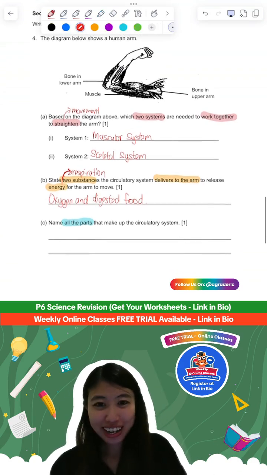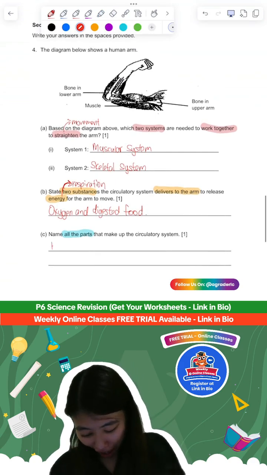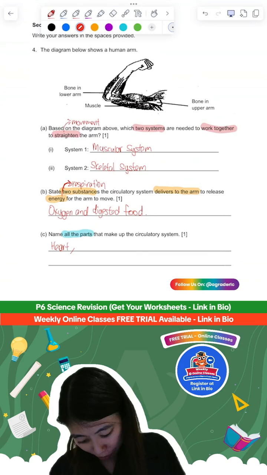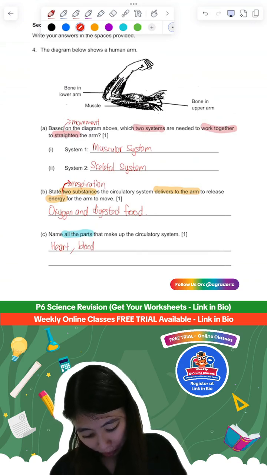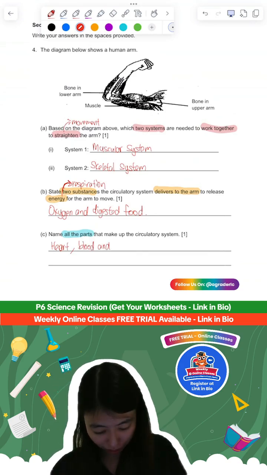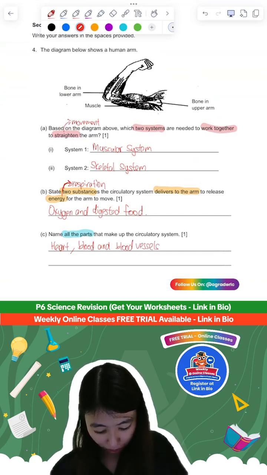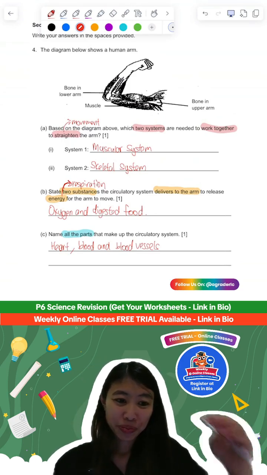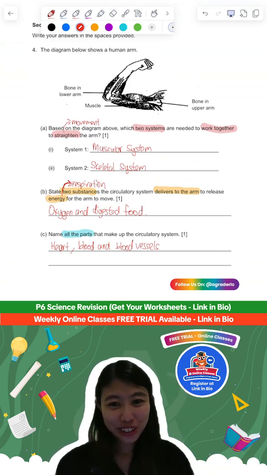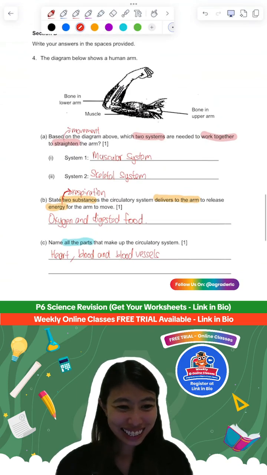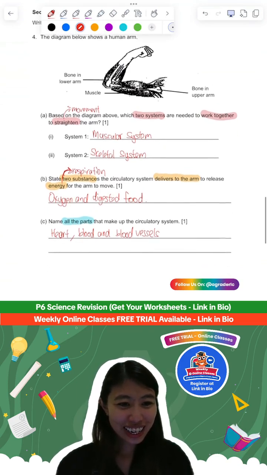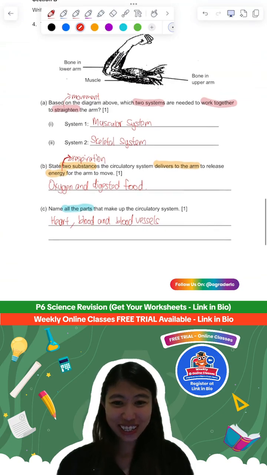All of you got it correct. So the correct answer would be heart, blood, and blood vessels. Good job.